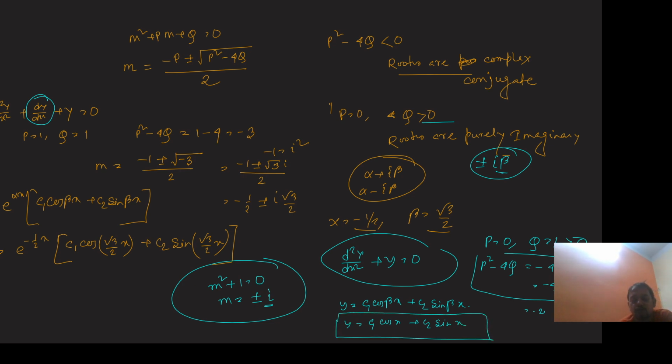So we get that the nature of the solution depends on the nature of the roots of the auxiliary equation. In summary, you can write d2y/dx2 plus p dy/dx plus qy is equal to 0.